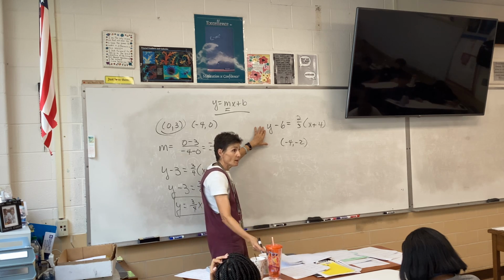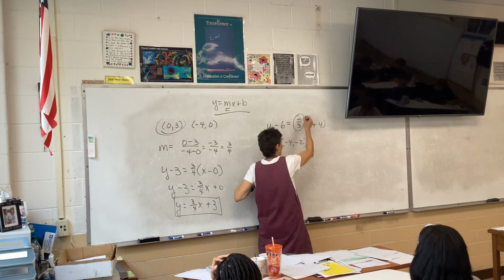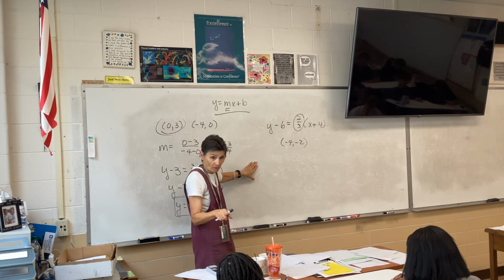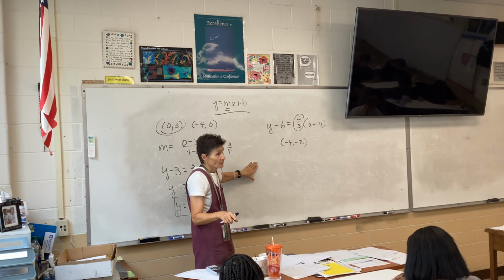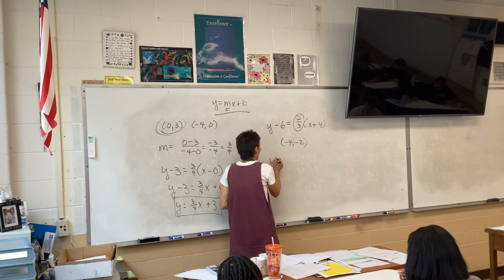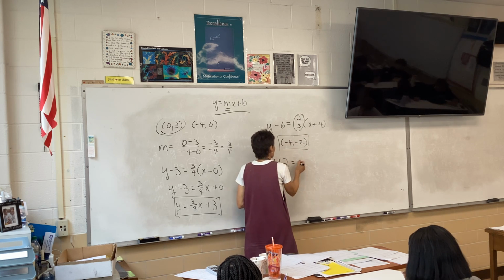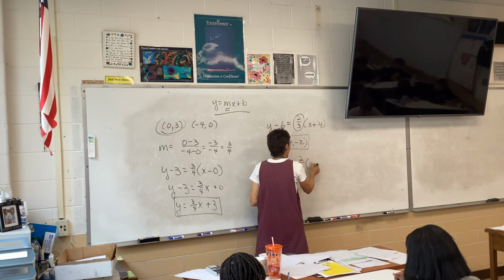That's point slope. So don't we know that the slope is 2/3? And if we're doing parallel, then we're going to use 2/3. So y plus 2, here's my point. y plus 2 equals 2/3 x plus 4.